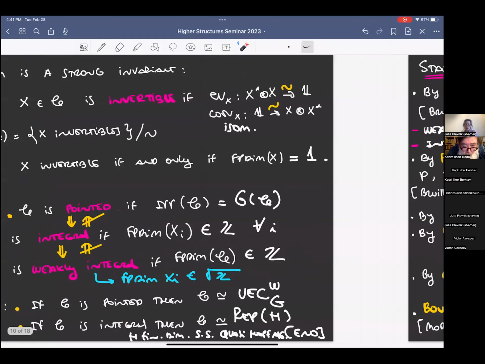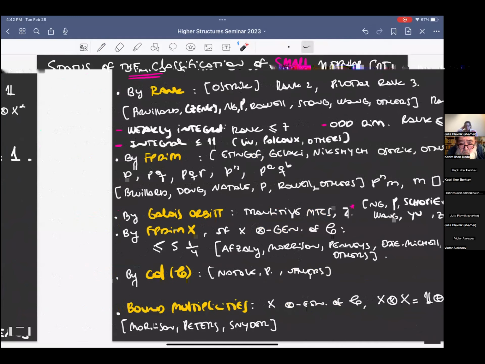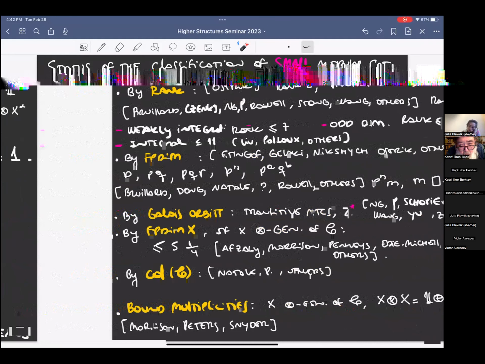Okay, so maybe now let me go to the status of the classification of small modular categories. I know that this is a lot of information, so don't stress, I will go part by part. I just wanted to write here what we know. So the first part is this classification by rank that I was telling you, this number of simple objects.